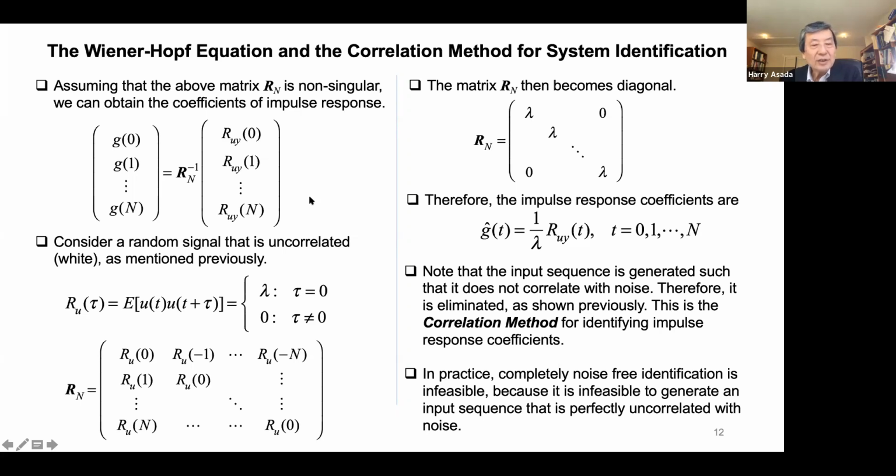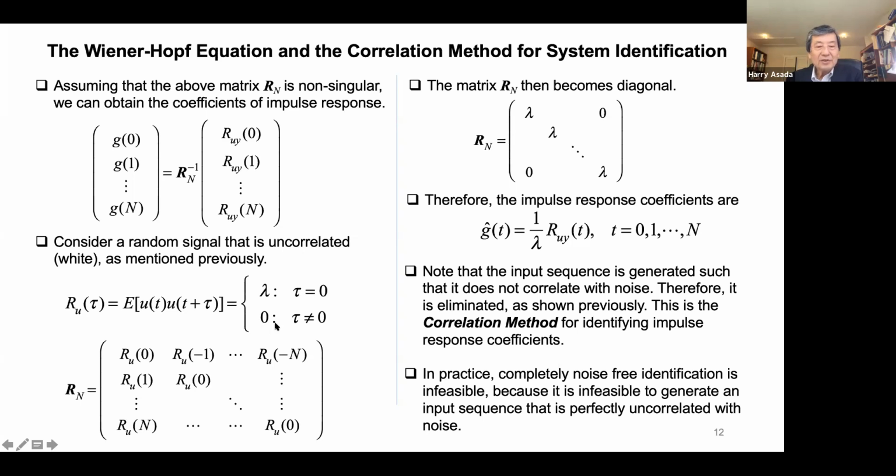Now consider a particular random signal to be used for the input, one that is uncorrelated. If that's the case, R_u(t, t+tau) is non-zero only when tau equals 0. Others are uncorrelated, so if tau is any value other than 0, it is all 0.